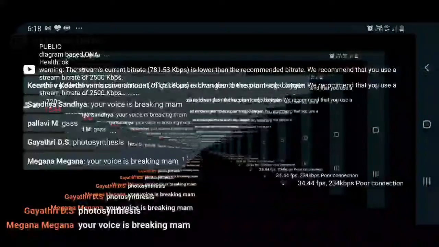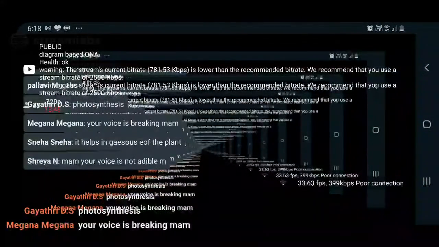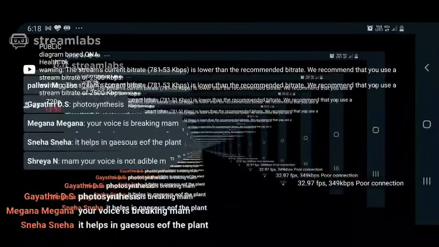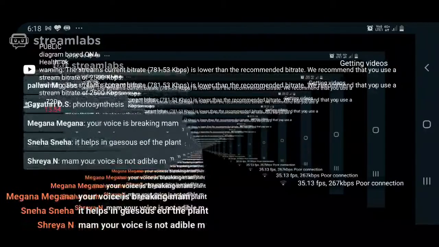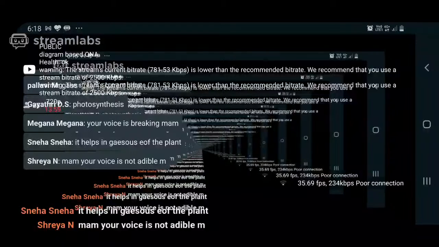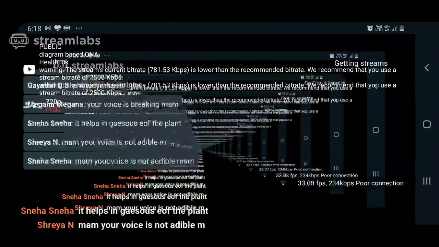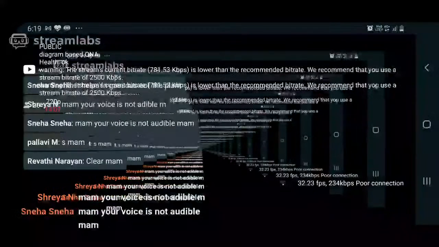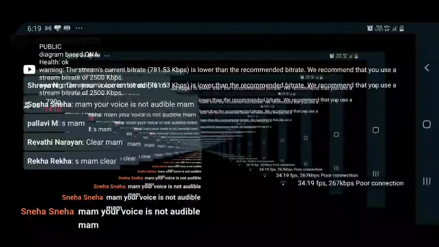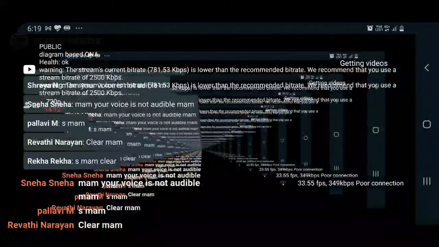Is that clear? Okay, I'll repeat. Stomata helps in gaseous exchange and also in transpiration. Now I'll show the screen. You just have a look.